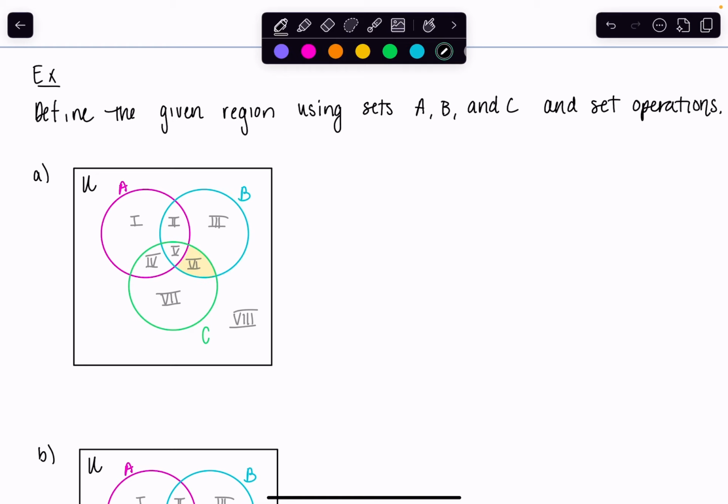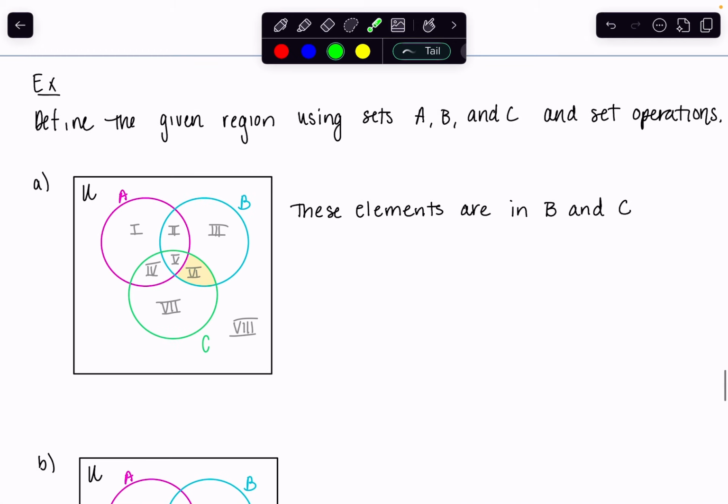So these elements are in B and they're in C. However, B and C would be these two things. So they're in B and in C, but they're not in circle A. It excluded that.